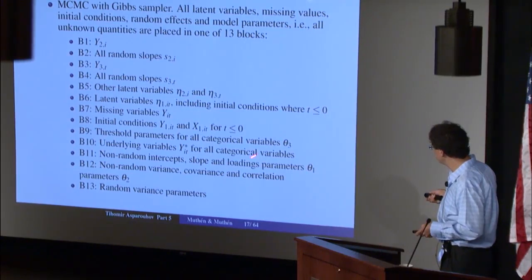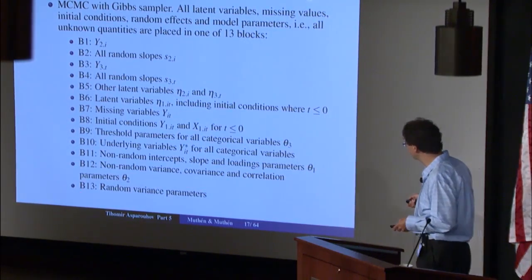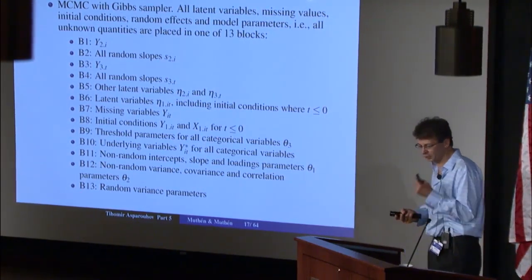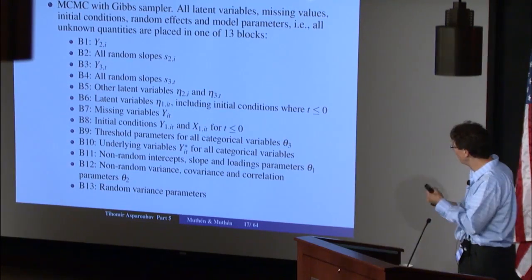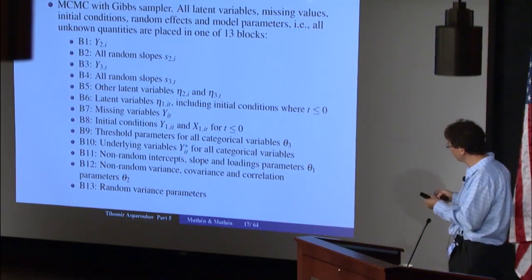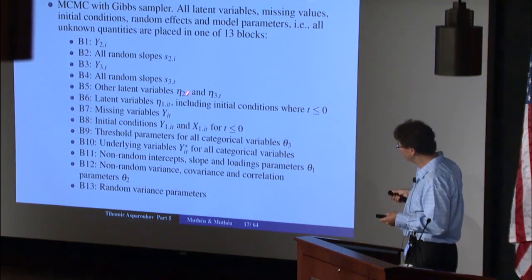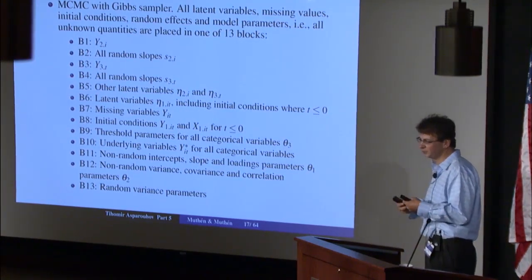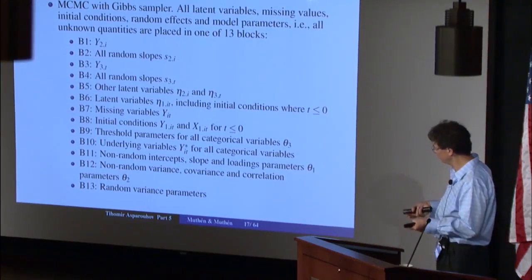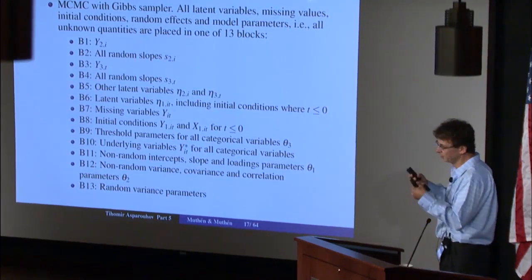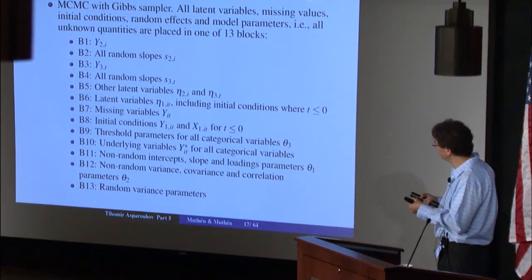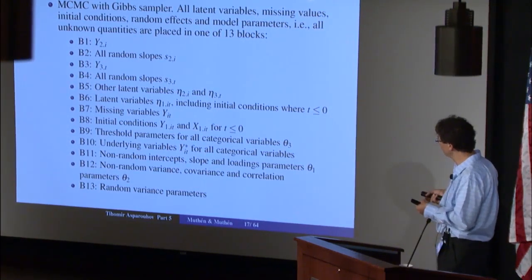The reason we use these 13 blocks is that our strategy is some sort of a mini-max strategy. We want the smallest number of blocks that would allow us to have explicit posterior conditional distributions, so that we can easily generate values from them.